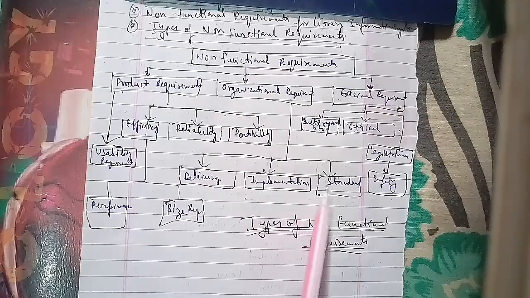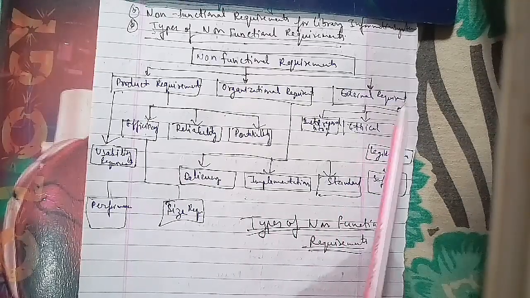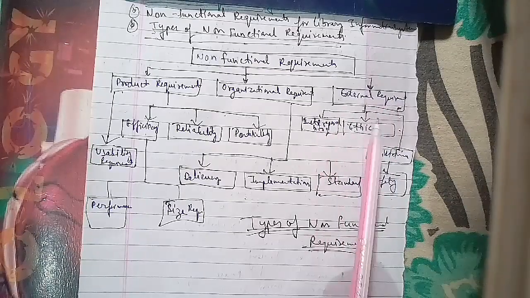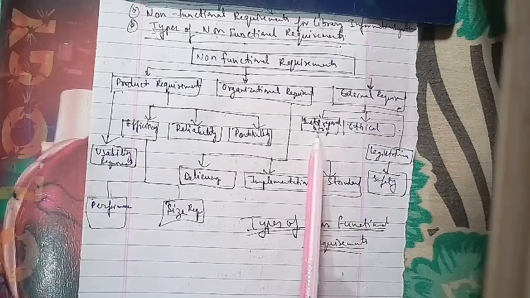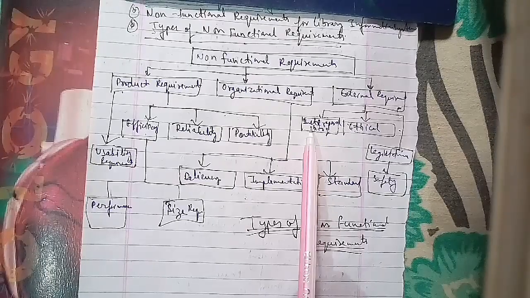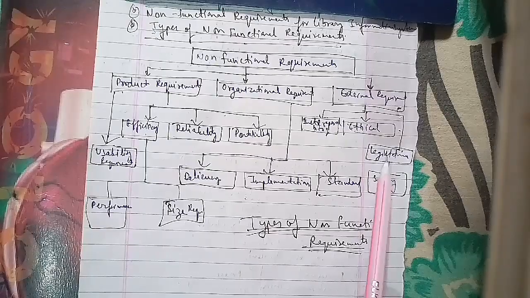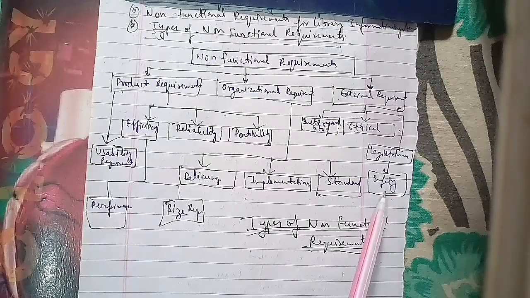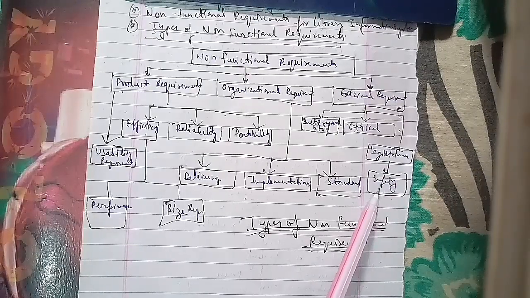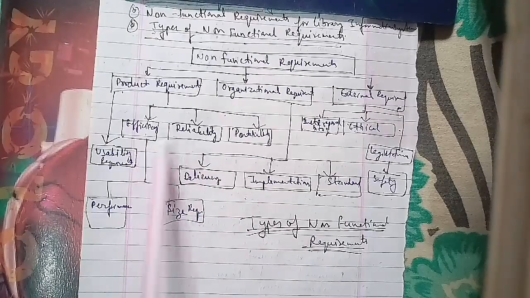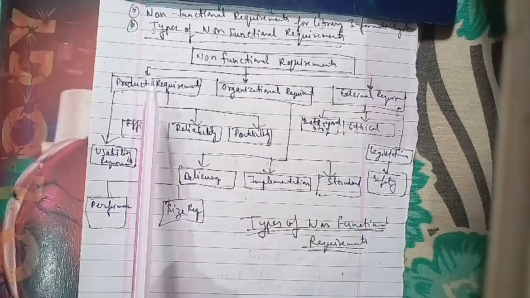In terms of product requirement, these requirements specify how a delivered product should behave in a particular way, for instance, execution speed and reliability. For the organizational requirement, these are requirements which are consequences of organizational policies and procedures, for instance, process standards and implementation requirements as well.